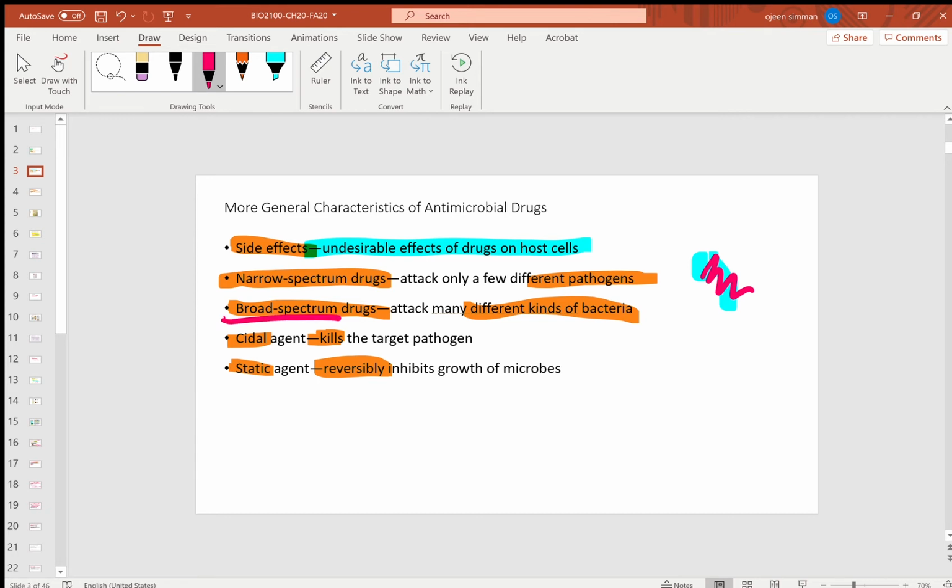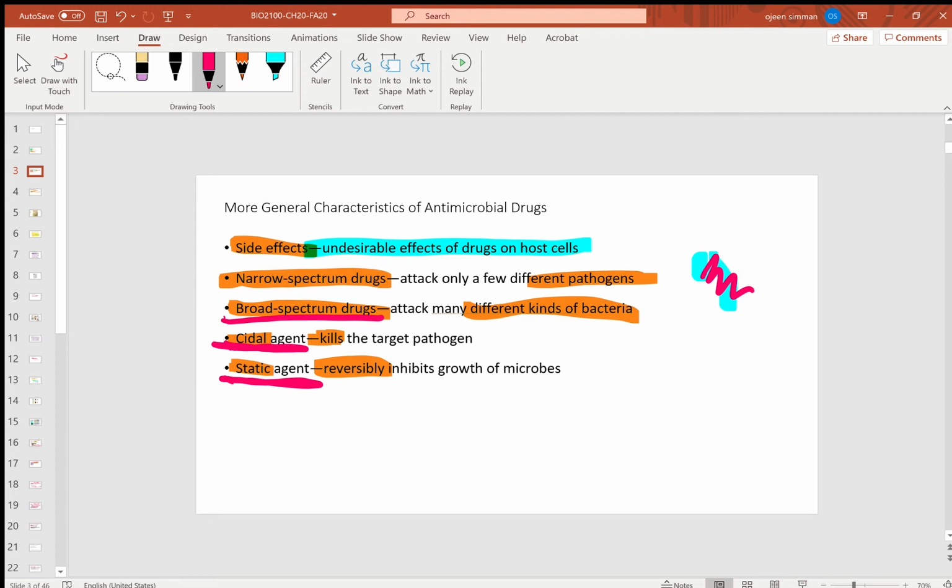Broad-spectrum antibiotics have a wider spectrum, meaning they can target gram-negatives, for example, and gram-positives. Any term that ends with cidal, a cidal agent, is an agent that kills the targeted pathogen, whereas a static agent is a type of agent that reversibly inhibits bacterial growth.